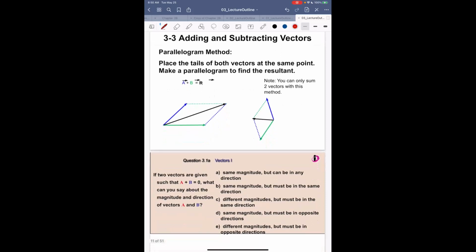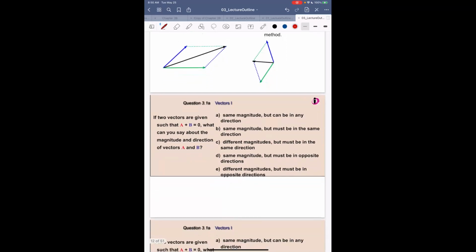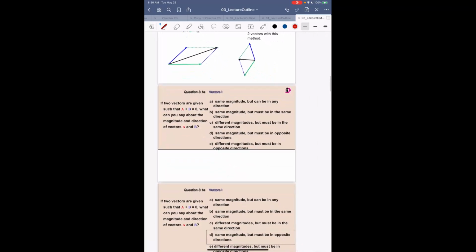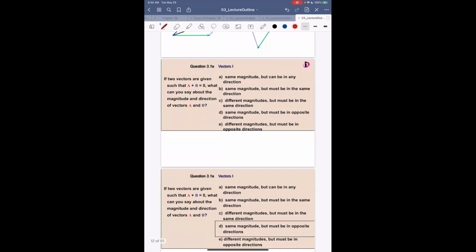Now, here are some of the test understanding questions. If two vectors are given such that A plus B equals 0, what can you say about the magnitude and direction of vectors A and B? Okay, now if we look at that example here, you should of course take some time to look at it.